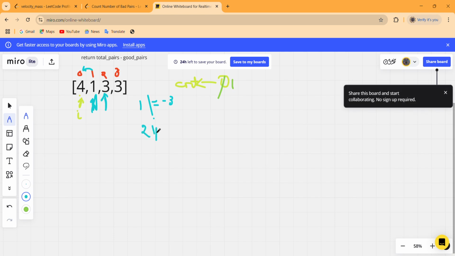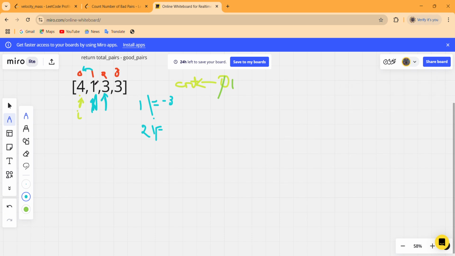If this 2 is not equal to 3 minus 4, that means minus 1, 2 is not equal to this minus 1. Yes, the condition is true, so let us again increment our cnt. So our cnt is now 2.